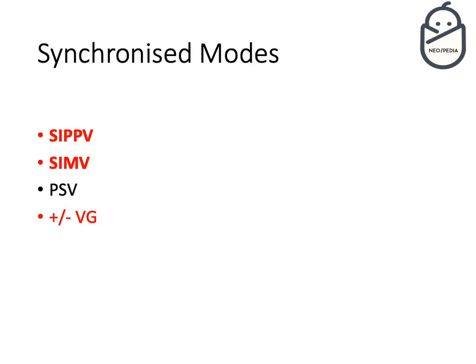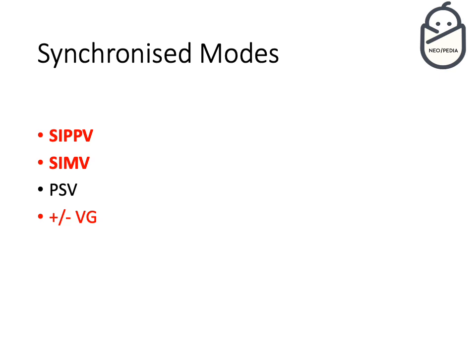Next, our mechanical ventilator modes. So we have these modes, SIPPV, or as in Draeger ventilators they call it PCAC, assisted control, and the other mode is the synchronized intermittent mandatory ventilation, so basically it's SIMV, and also there is pressure support, PSV, plus or minus whether the ventilator can give volume guarantee.